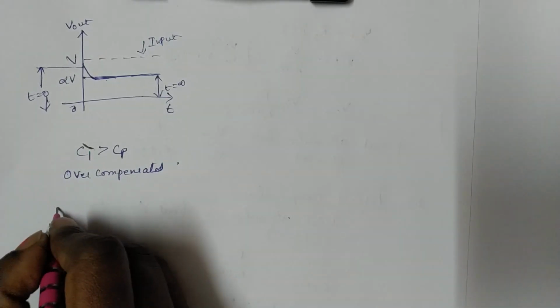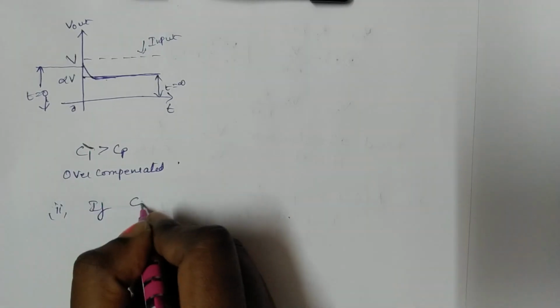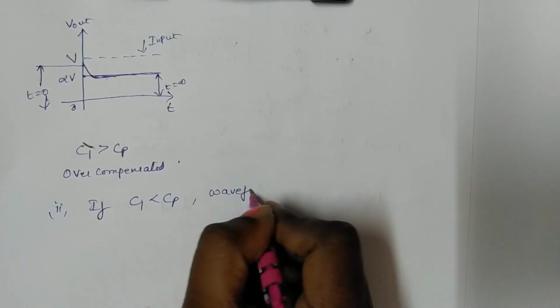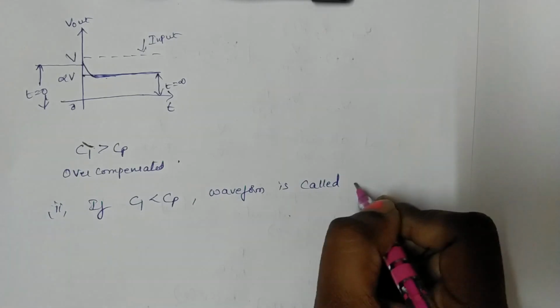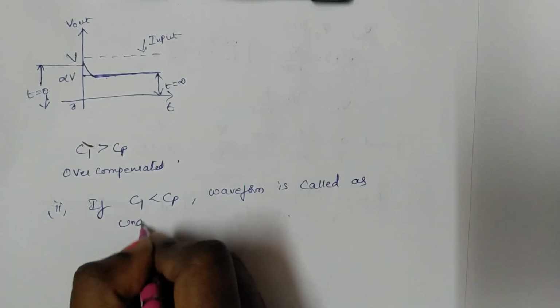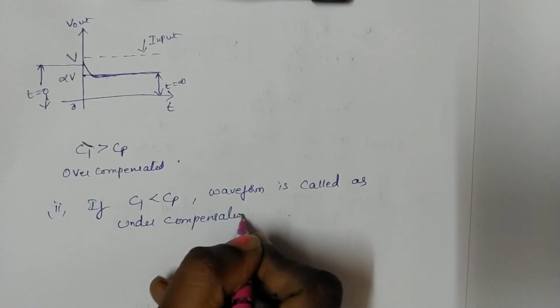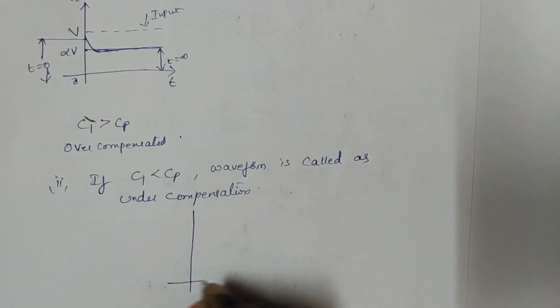And the second case, if C1 is less than Cp, then the output waveform is called undercompensation. So how will it be represented? See here, it will be represented like this.